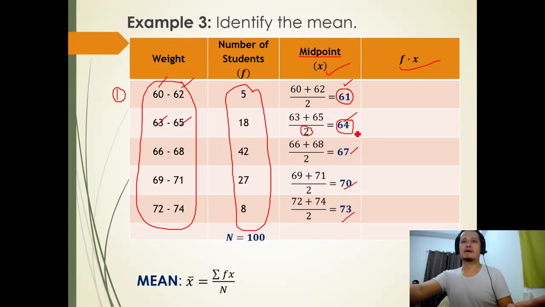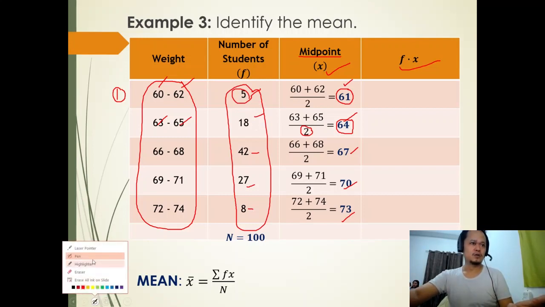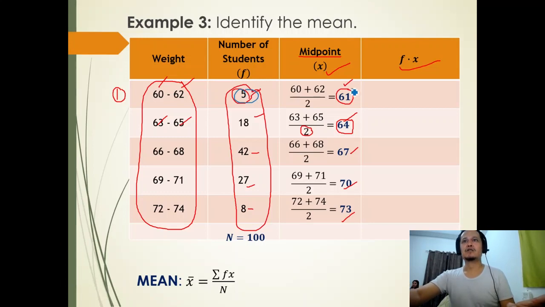Now, having all these x's here and your frequencies, all we have to do now is to multiply this frequency to this midpoint here. So for the first class interval, that would be 5 times 61. This is equal to 305.